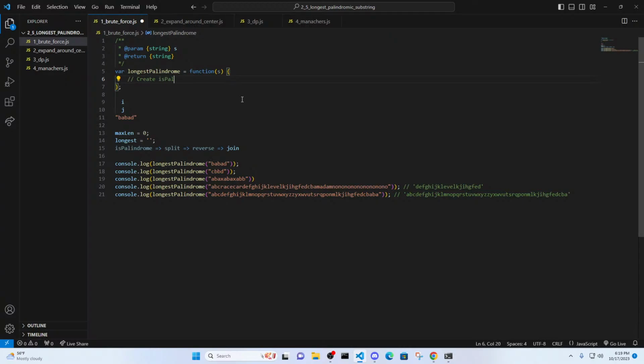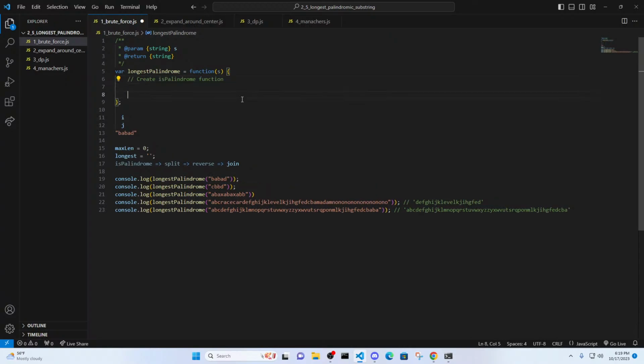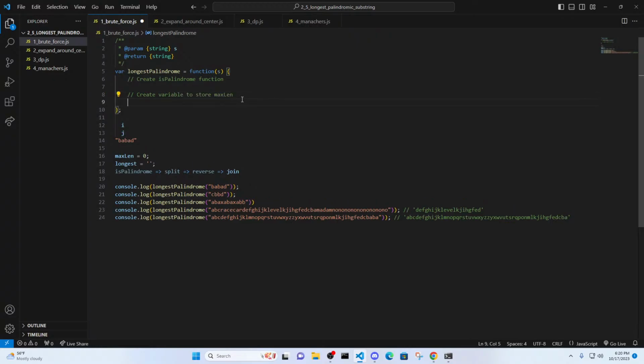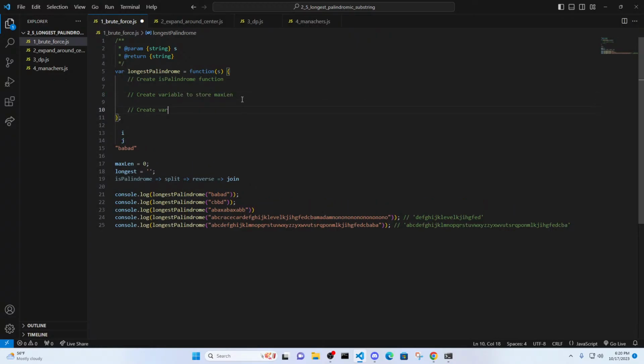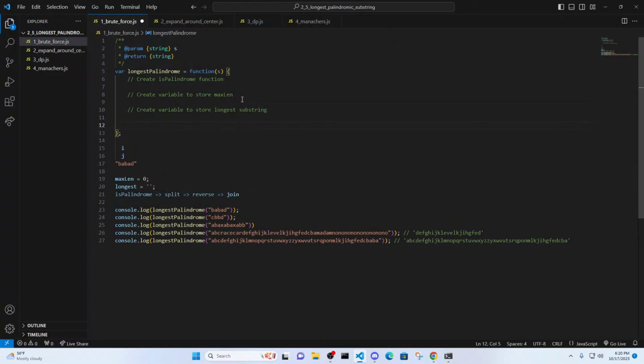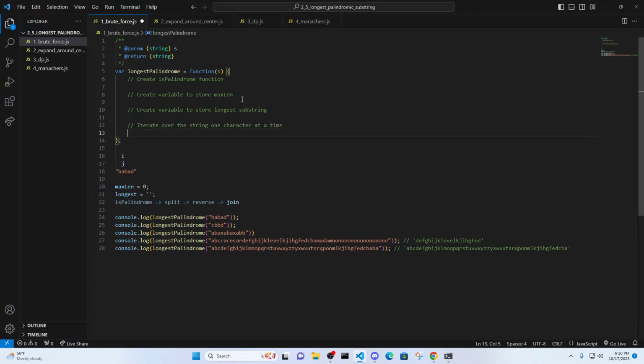Create isPalindrome function. Once we create the function, we'll create a variable to store max length. We'll create a variable to store the longest substring, and then we will iterate over the string one character at a time.